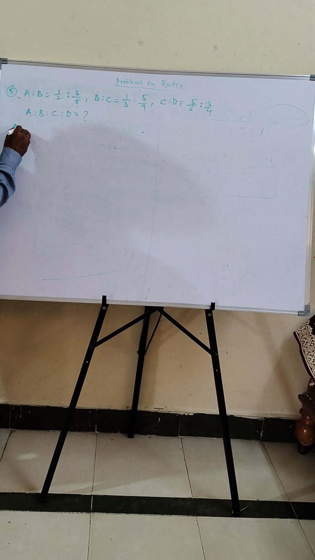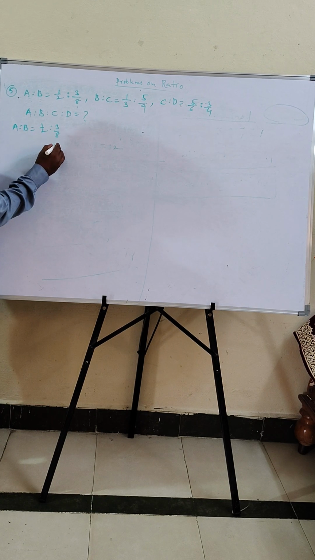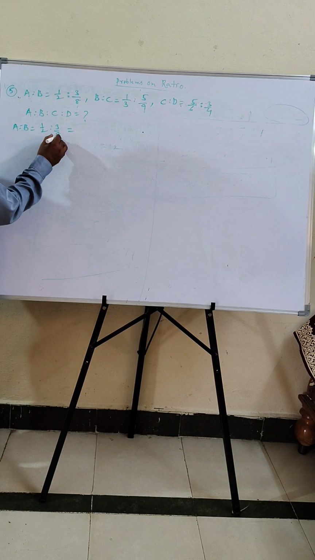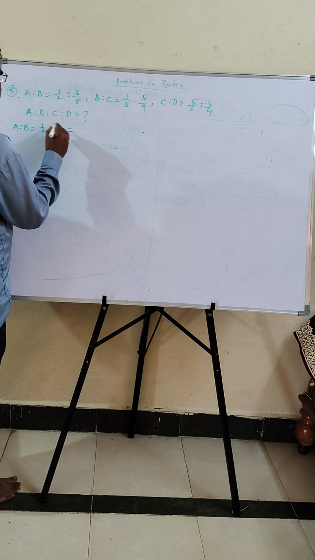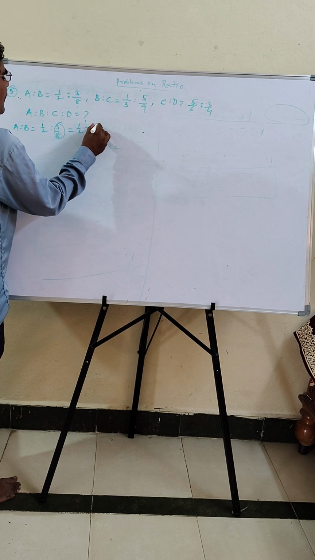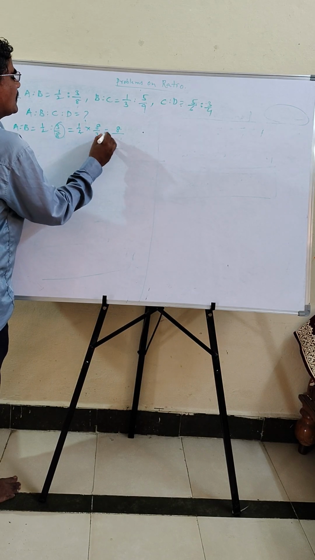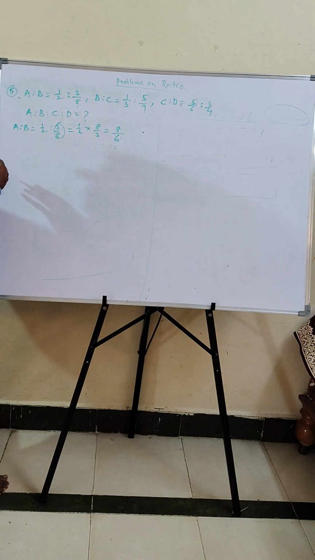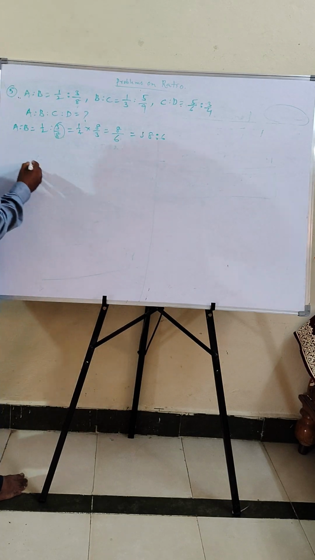Here A is to B equal to 1 by 2 is to 3 by 8. We have to cross multiply, taking the reciprocal of the second, 8 by 3. So 8 by 6, or 8 is to 6.